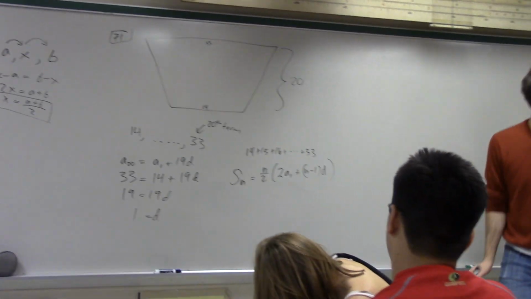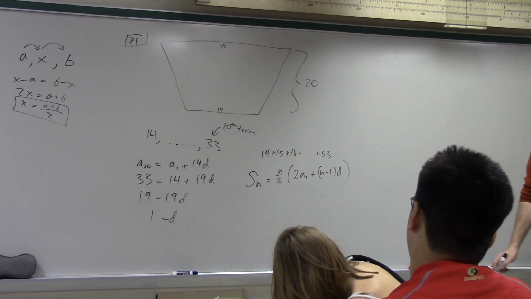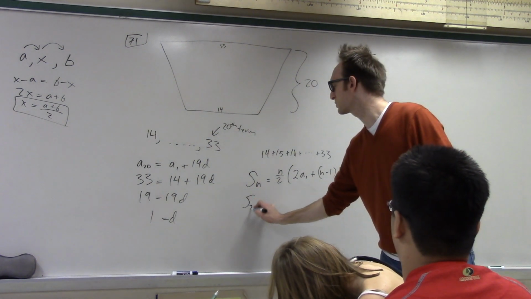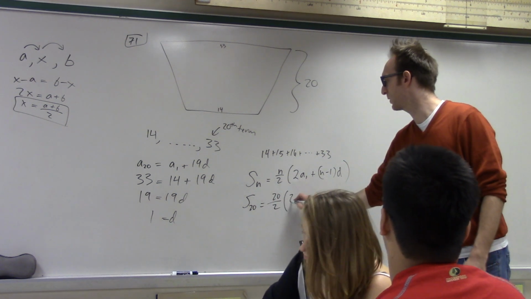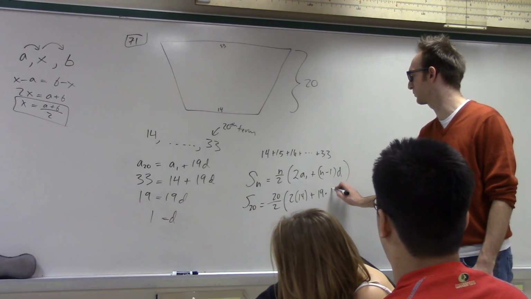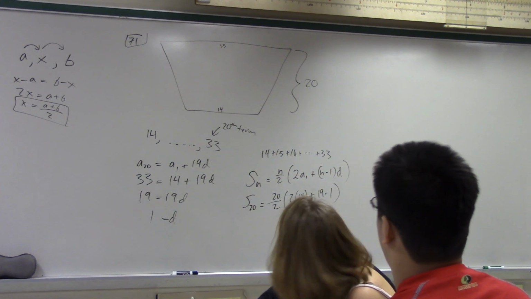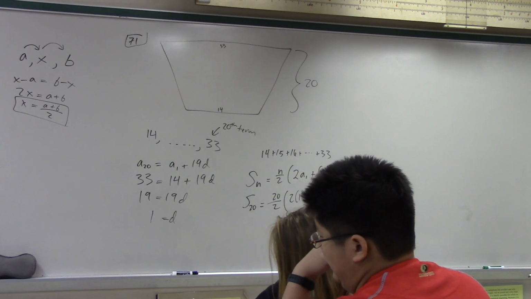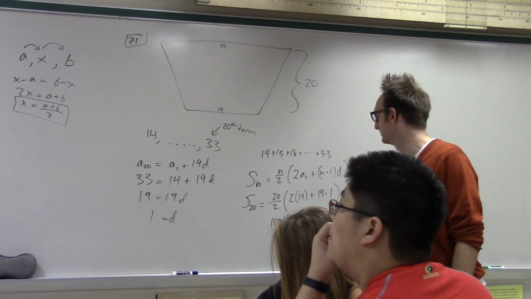So for the first 20 terms, it's 20 over 2, times twice 14 plus 19 of these d's, but d is just 1. That is 28 plus 19, which is 47, so 10 times 47, that's 470. Is that what you guys got? Yes.